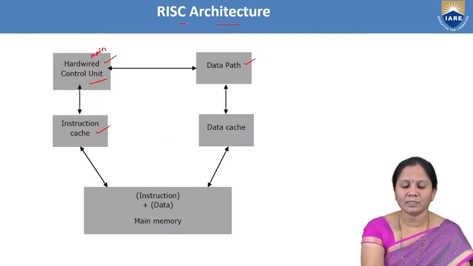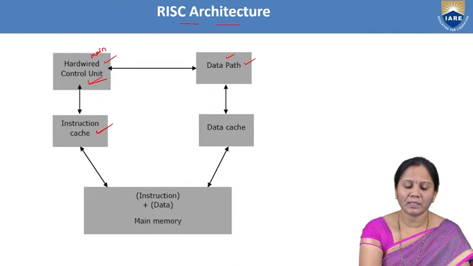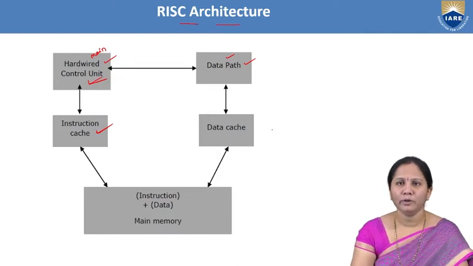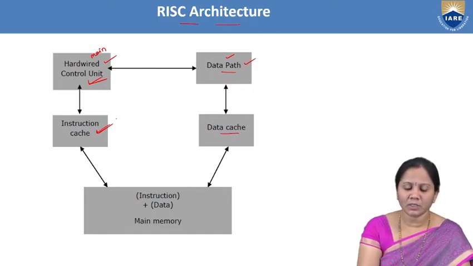In this RISC architecture, if you observe, the data path unit and the instruction cache unit are both separate. Both these units will be accessed by this hardwired control unit. All the data information will be present in this data cache. Here the instruction cache and data cache both will be stored in the main memory.